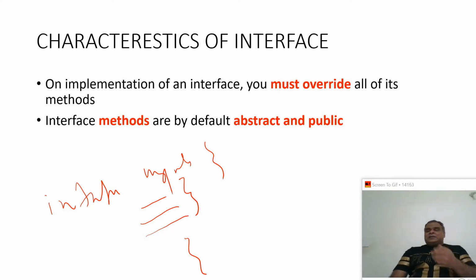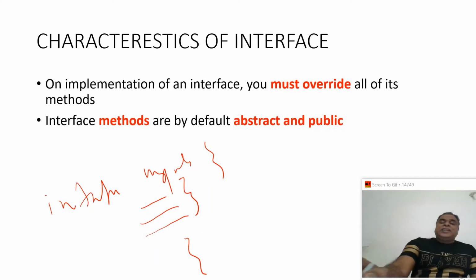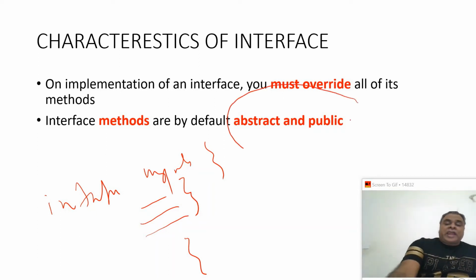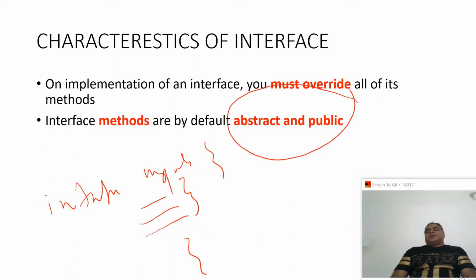The abstract keyword we discussed in the previous video, right? So all the methods in the interface are by default abstract and public. You won't mention that method as abstract, but it is an abstract method, very important.